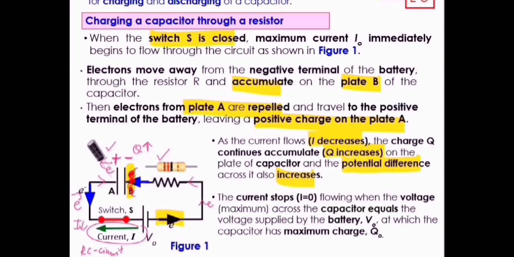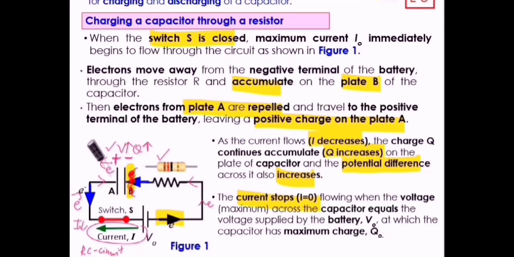So here would become more negatively charged, and here would be more positively charged. That's why the potential difference also increases. And the current will keep decreasing until it reaches a point where the current stops. The current becomes zero, and the voltage would be maximum.